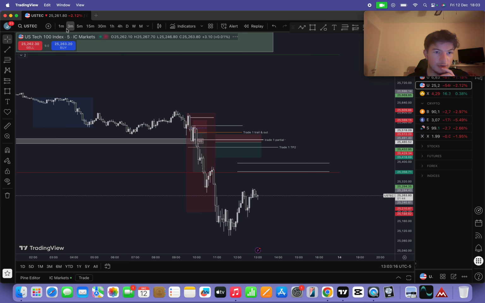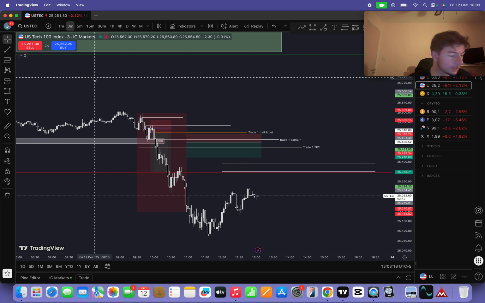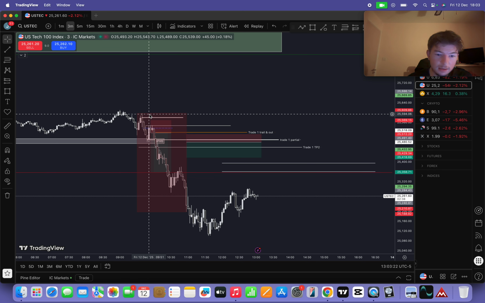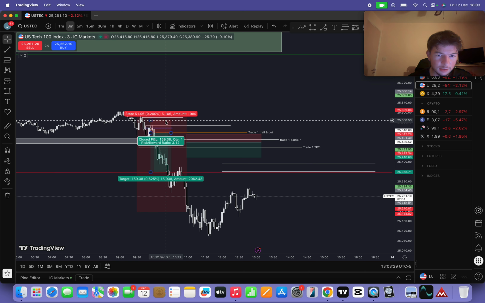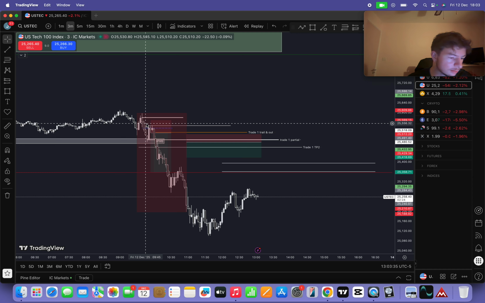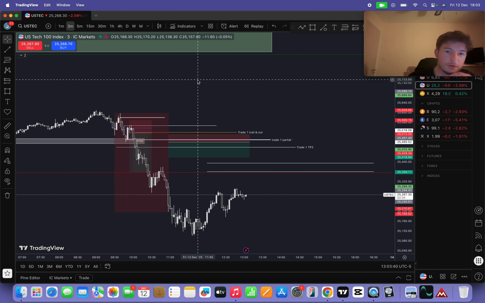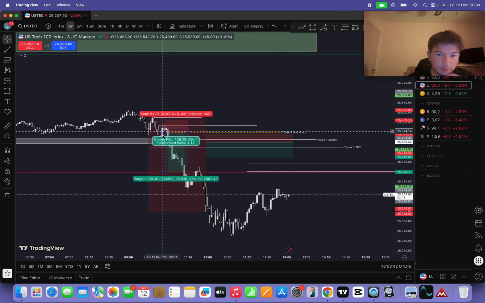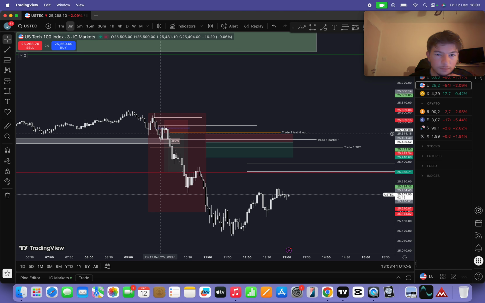So I think my initial entry was, let me just check the time I got in, 10:48. Is that right? That's what it says on the broker statement, but that's not correct. So we'll go with 9:48, which looks about right. So yeah, I think the initial move, I went short here, right?